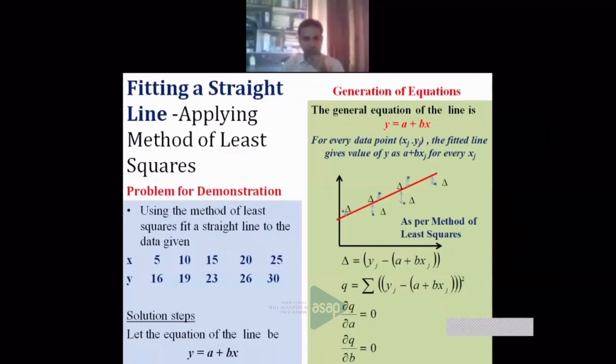By this time, we know the simple equation of a straight line is y equals a plus bx, or mx plus c, which we normally have.